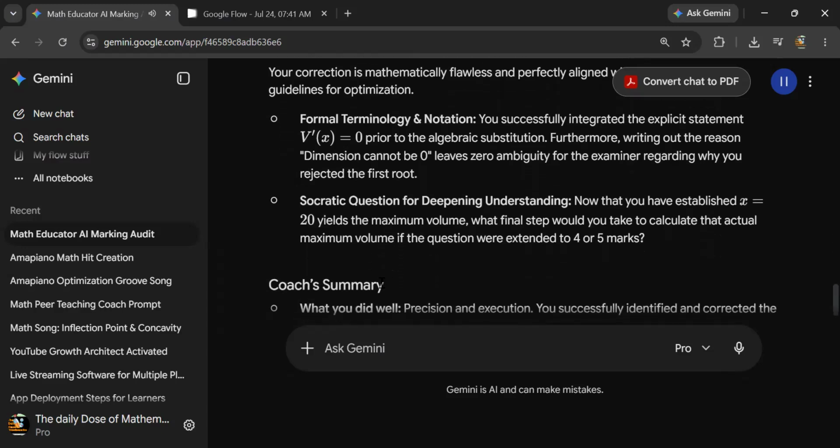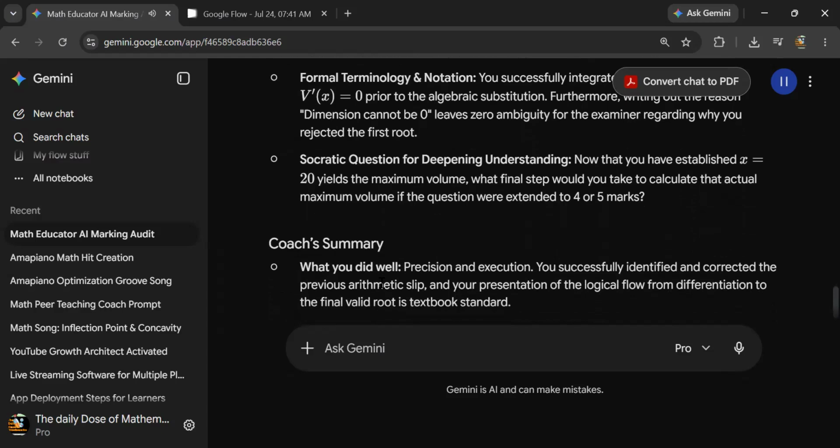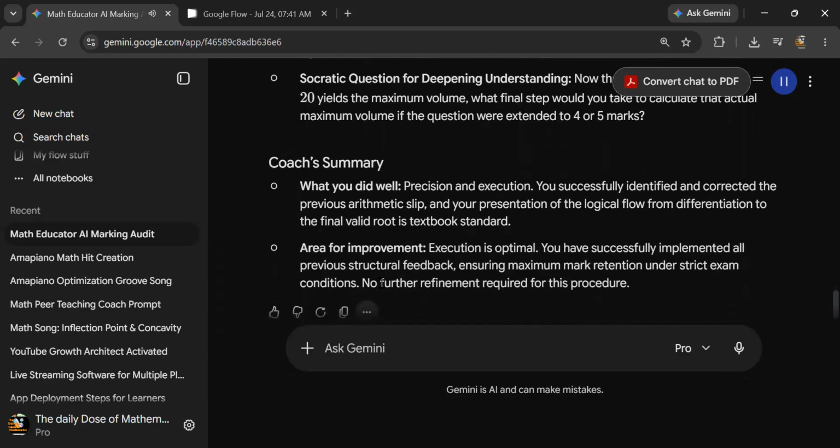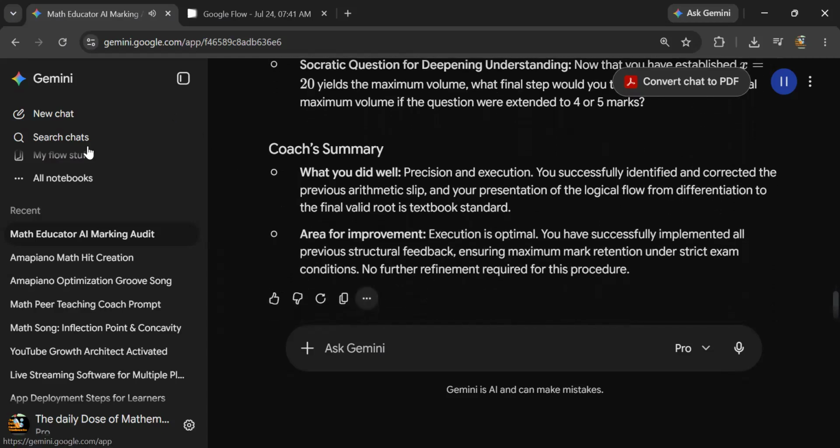Socratic question for deepening understanding. Now that you have established x equals 20 yields the maximum volume, what final step would you take to calculate that actual maximum volume if the question were extended to 4 or 5 marks? Coach's summary. What you did well: precision and execution. You successfully identified and corrected the previous.